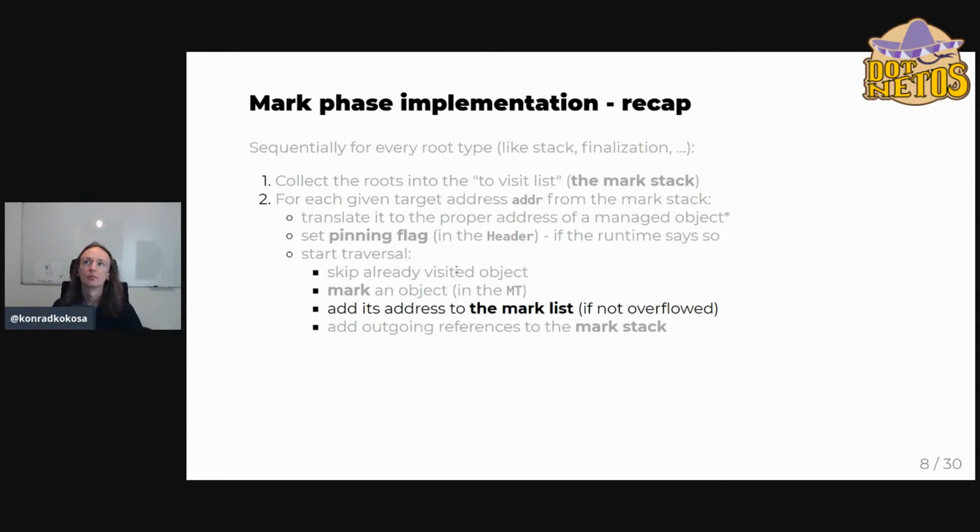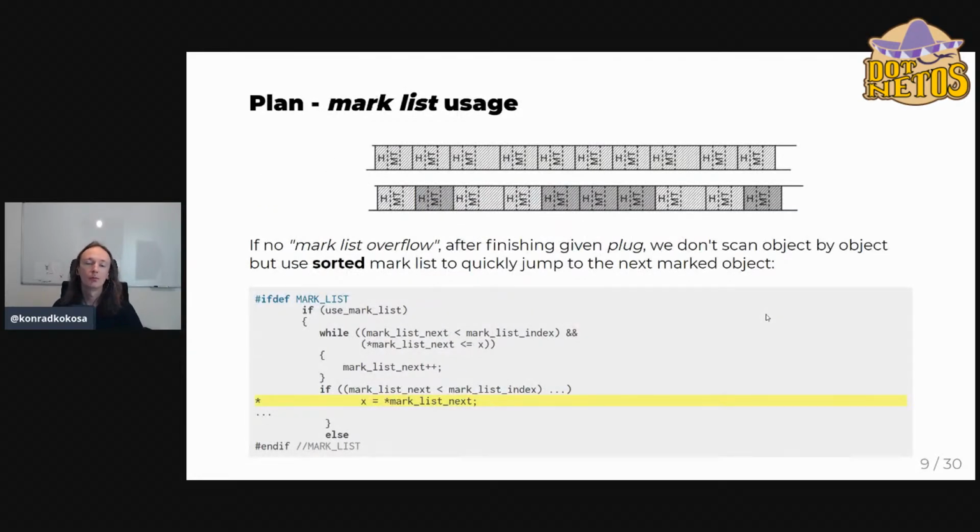I mentioned that while we traverse the whole object graph and mark objects, there is an additional step where we add the address of the currently visited object to a mark list, which has a limit in size, but unless it overflows, we add this address to the mark list. This gives us a really nice optimization, because if we sort this mark list at the end of the mark phase, before the plan phase, then we have a sorted list of our marked objects.